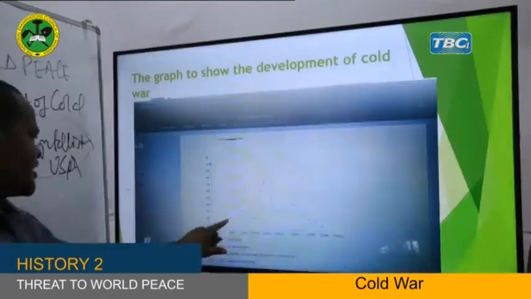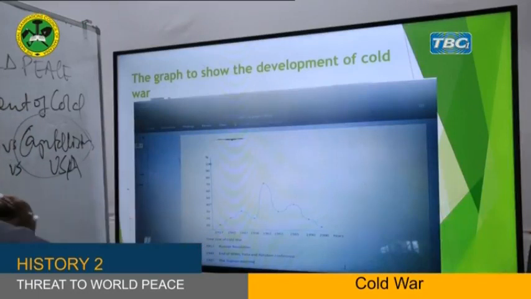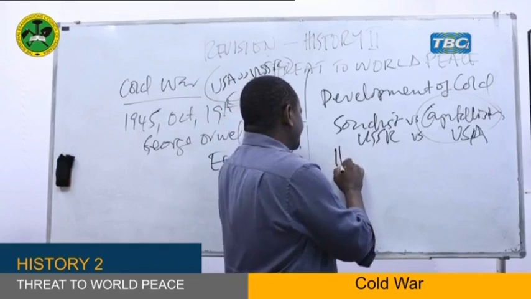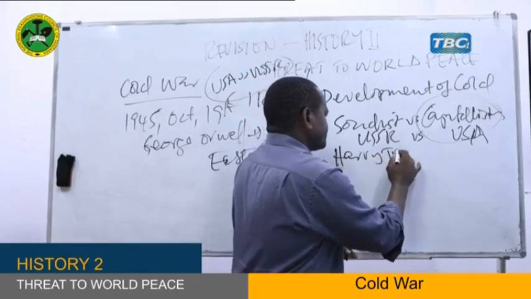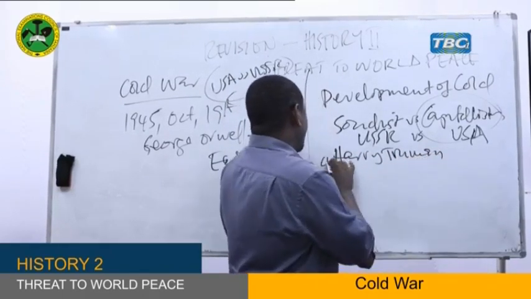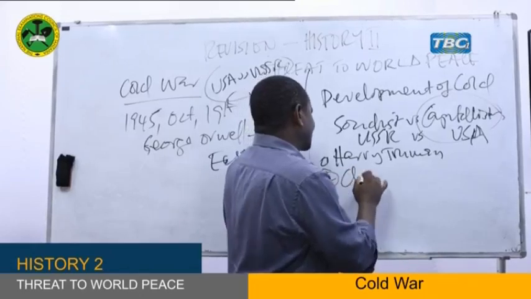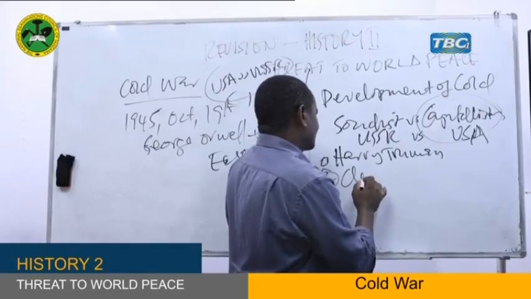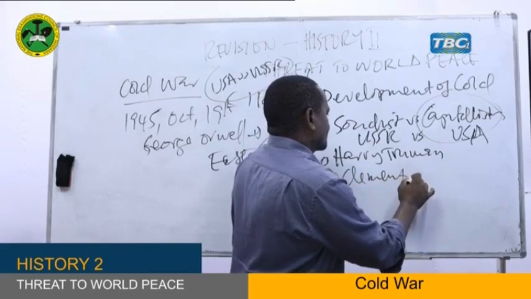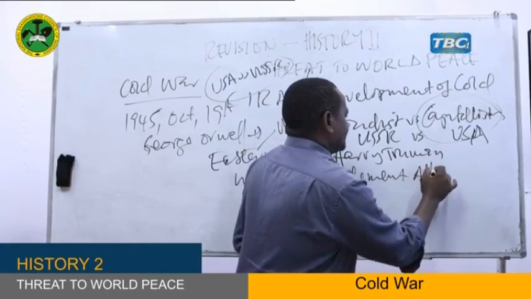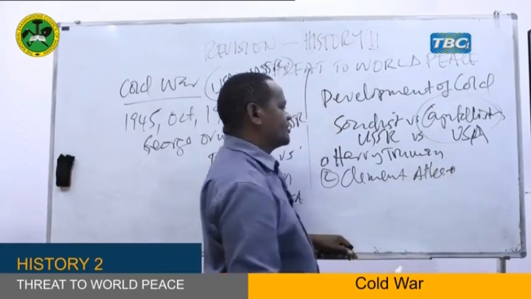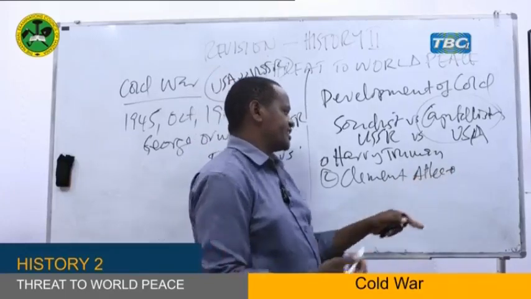Remember, during the Potsdam Conference, there were three leaders meeting. There was Harry Truman of USA. There was Clement Attlee of Britain. Of course, he came to replace Winston Churchill after Churchill was defeated in the election.